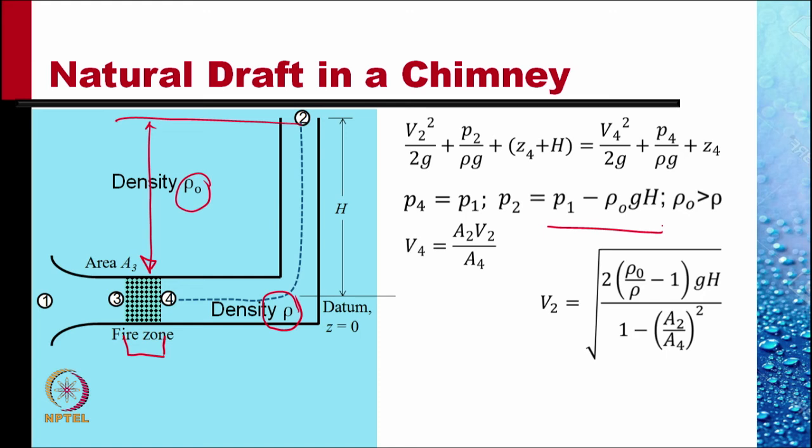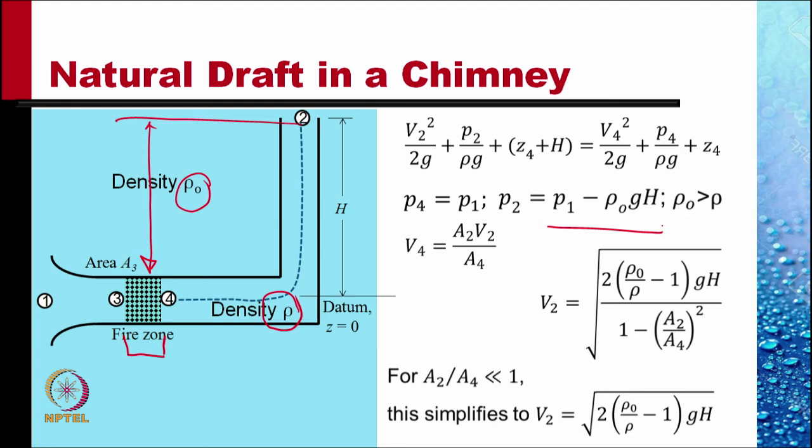So A2 by A4 is very small, so the denominator can be replaced by 1, and the velocity at the exit of the chimney is simply under root twice of rho naught by rho minus 1 times GH. Depending upon how much flow of air we want across the fireplace to keep the fire going, we can determine what should be the height of the chimney.